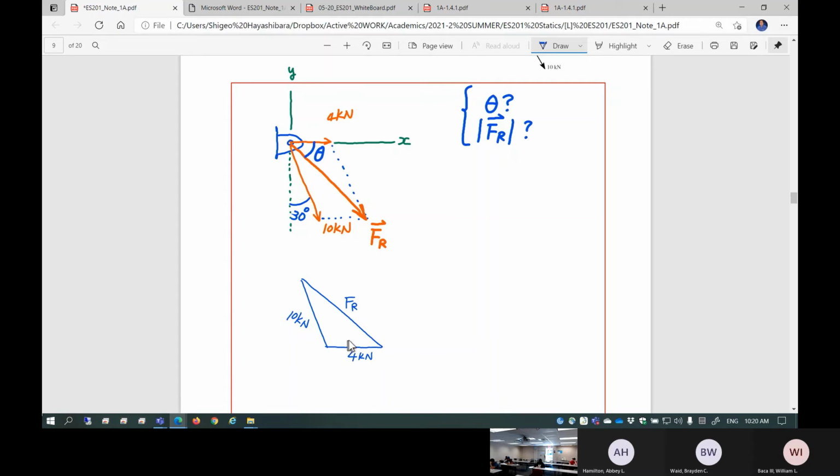And do we know the angle? Angle here is theta. That's something I want to know. Do we know any other angle? This is 30. This is, oh, I don't know this. What else do we know?